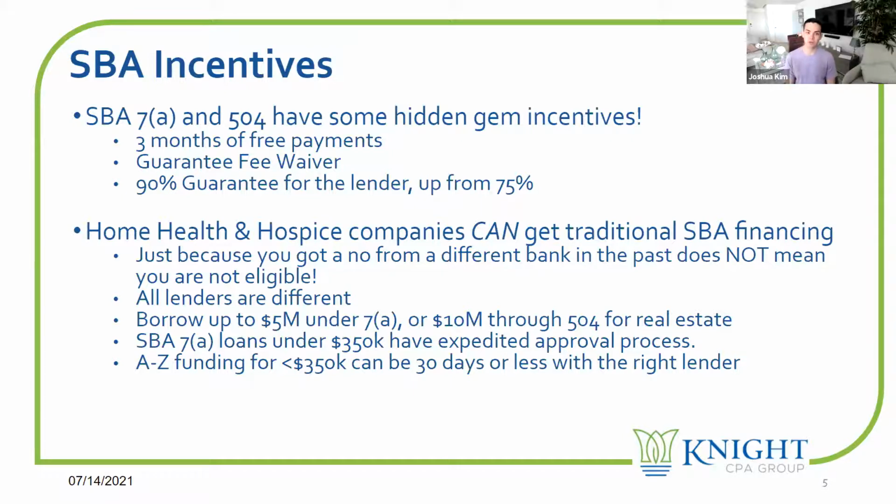SBA lenders generally don't care about the business credit at all, unless you habitually don't pay the business's bills and there's a bunch of collections in the business, they will see that in a search. But if you don't have a D&B score or business credit, they're not really checking for that, right? More so what they're looking for is on the personal side. What's your personal score like, give or take? That's more what they're looking at when they look at credit scores, right?